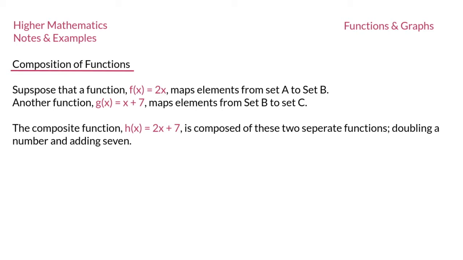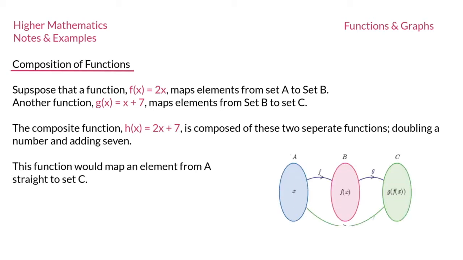So for example, the function x squared plus 7 or x squared plus 9 is really composed of two things, squaring a number and then adding a constant. If we think about this in terms of our function diagrams, then we get something like this. So the function would map an element from A, not to B and then C, but directly to C, straight to set C. We call that a composite function, where h of x is really g of f of x.